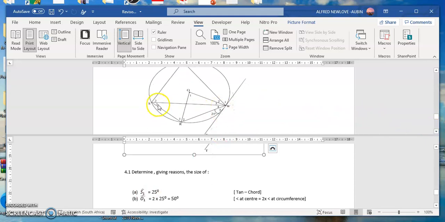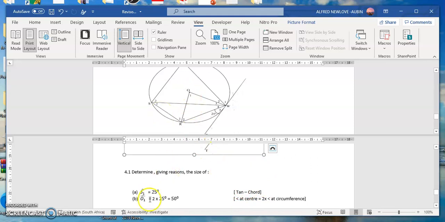This is S1. If you check S1, we can see this triangle and this tangent. So you see that this angle is equal to that angle. It's the tan chord theorem.